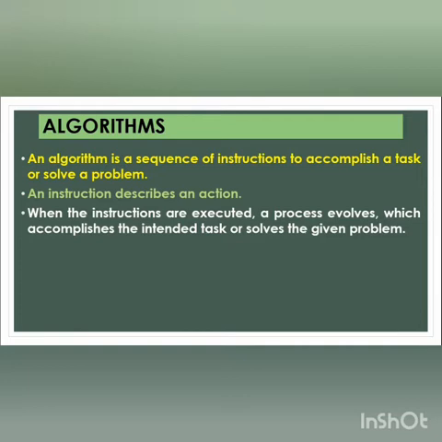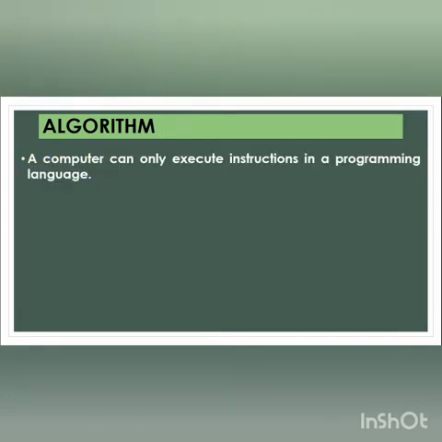We are very much interested in executing our algorithms in a computer, but a computer will never execute the algorithms. Instead, a computer can only execute instructions in a programming language. Here, the instructions may be a statement or a command given to a computer to solve a particular problem. We all know that a computer is an electronic machine.